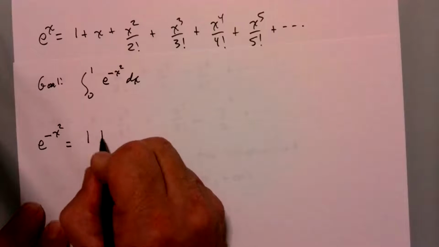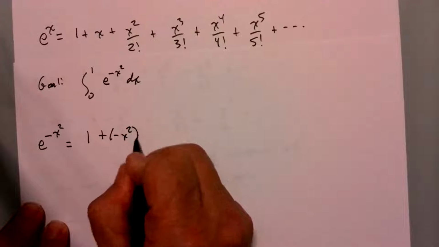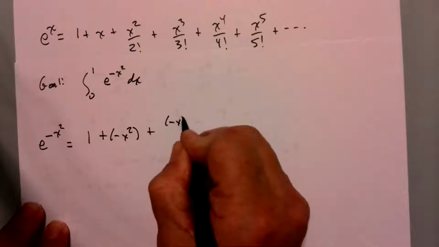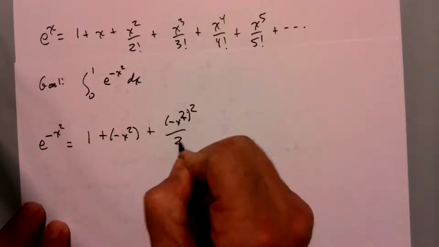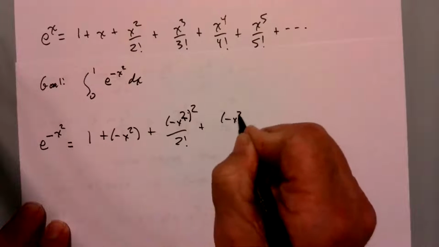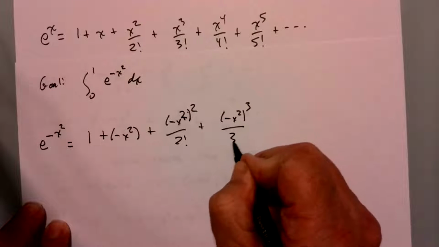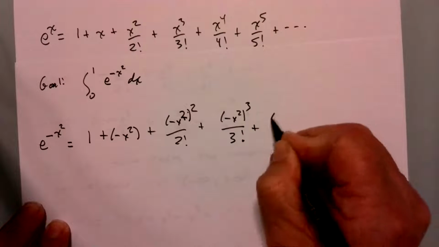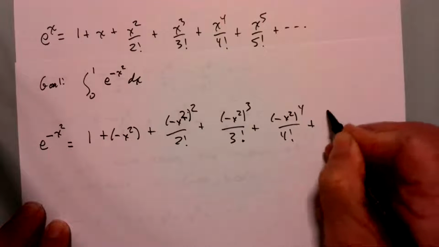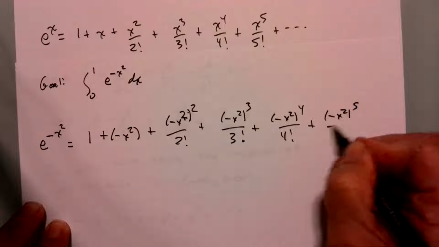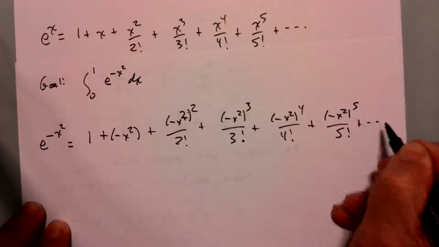So that's 1 plus negative x squared plus negative x squared over 2 factorial plus negative x squared to the 3rd over 3 factorial plus negative x squared to the 4th over 4 factorial plus negative x squared to the 5th over 5 factorial plus dot, dot, dot.